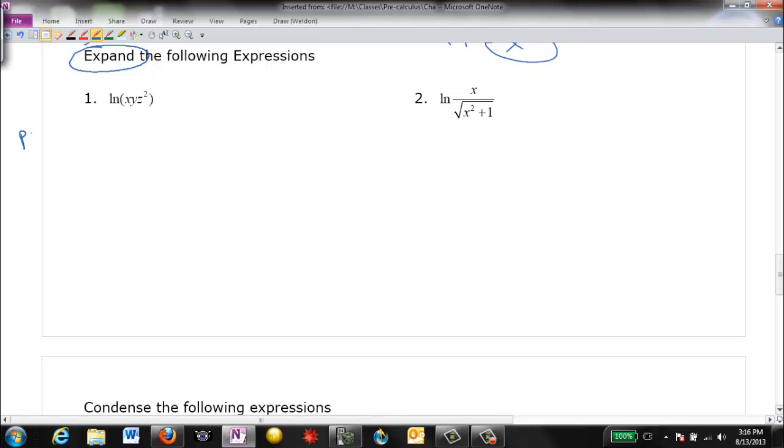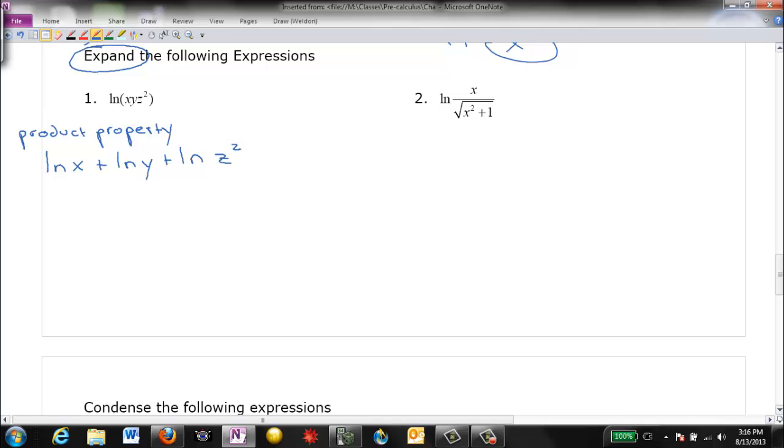I'm going to go ahead and apply the product property. The product property tells me that I can rewrite that natural log as the sum of three natural logs. I have three numbers being multiplied, so I'm going to say the natural log of x plus the natural log of y plus the natural log of z raised to the second power.